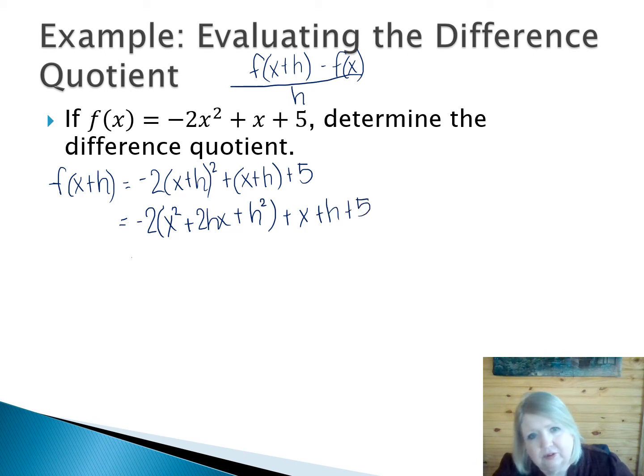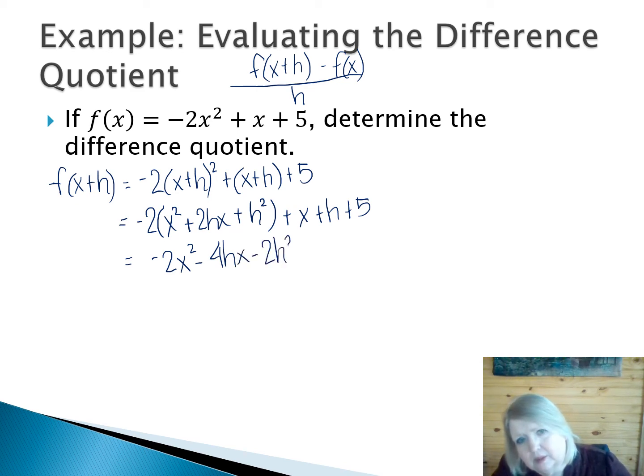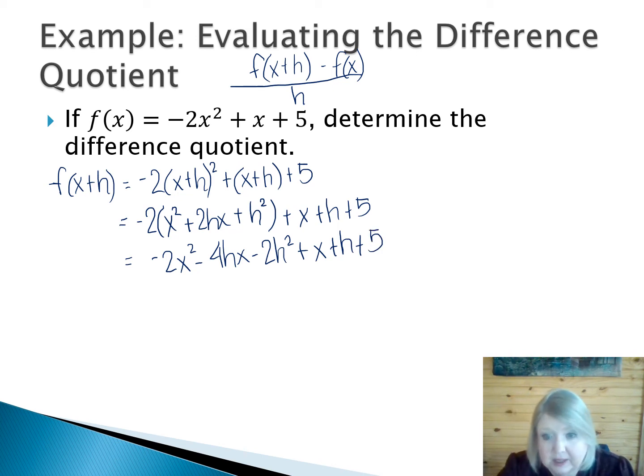Now I've got to distribute the negative 2 through. That's negative 2x squared minus 4hx minus 2h squared plus x plus h plus 5, and there are no like terms. I've gotten kind of used to that by now. I hope you're getting there.